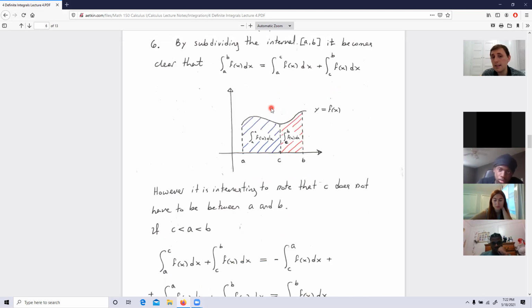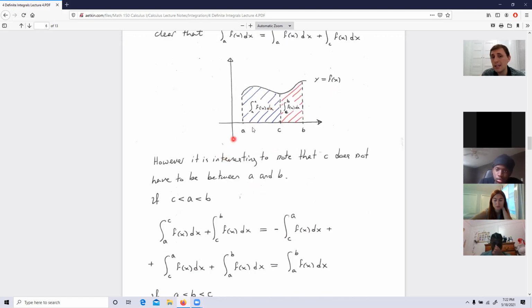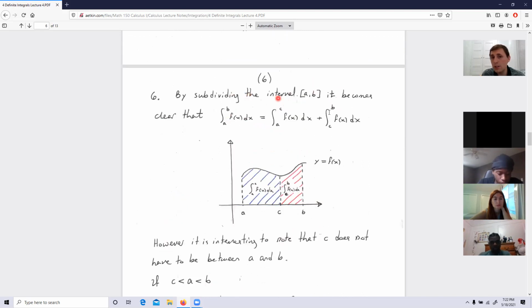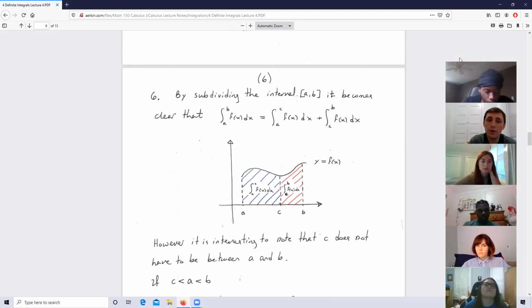The thing is, this is absolutely true even if c is below a or above b. C does not have to be in between. This formula is always true. You can always visit an intermediate point c and go back to b, and the integral from a to b is the integral from a to c plus the integral from c to b.